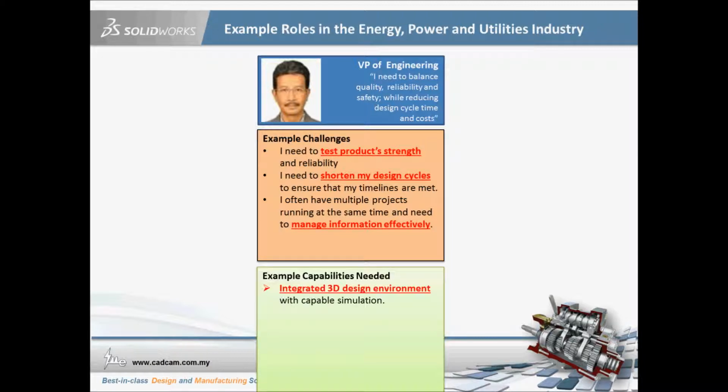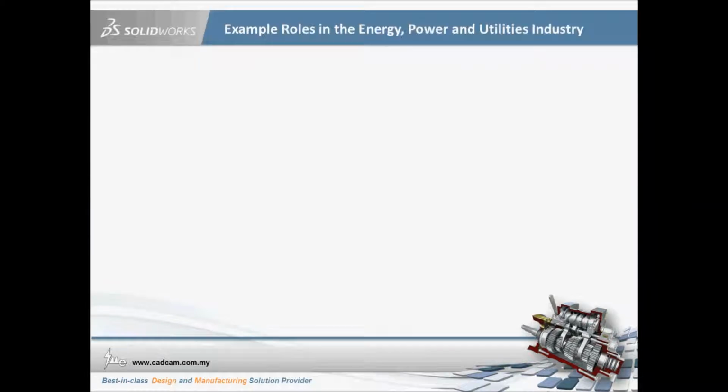So examples of capabilities needed: integrated 3D design environment with capable simulations, integrated simulations, and of course integrated data management systems so that he is able to run multiple projects at the same time.